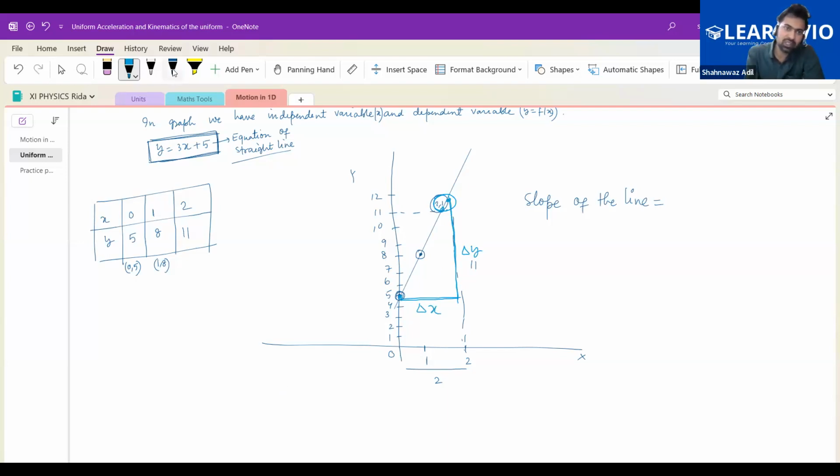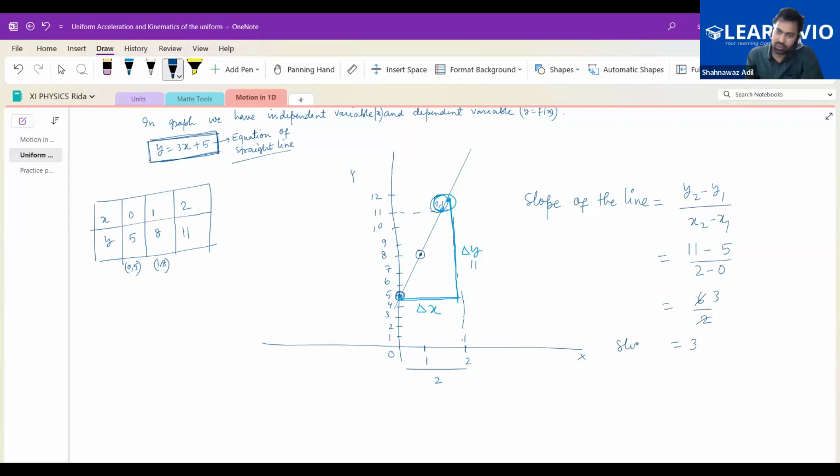So what is change in y? That is y2 minus y1. And what is change in x? That is x2 minus x1. So this would be 11 minus 5, and then 2 minus 0. So this is 6, this is 2. So we see that this is 3.